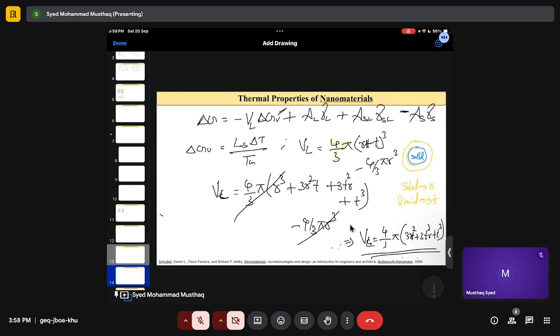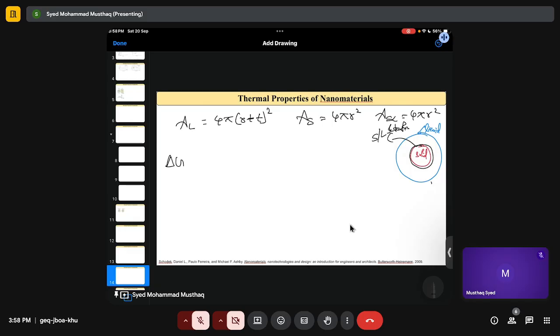This is the trickiest part. Delta G will be equal to minus Ls delta T upon Tm, and then you have volume, right?